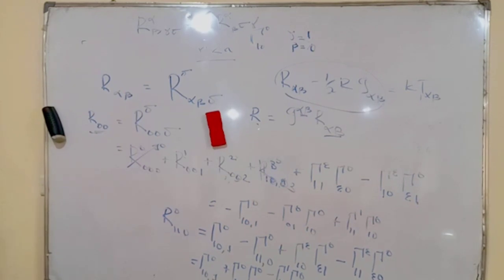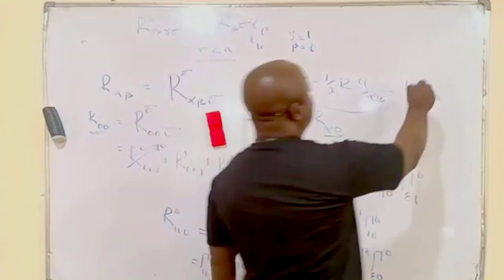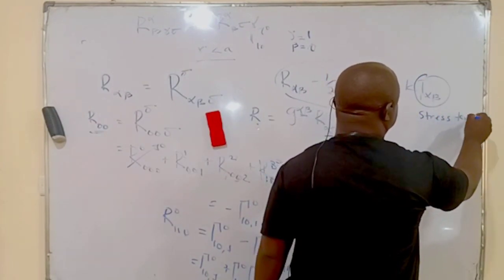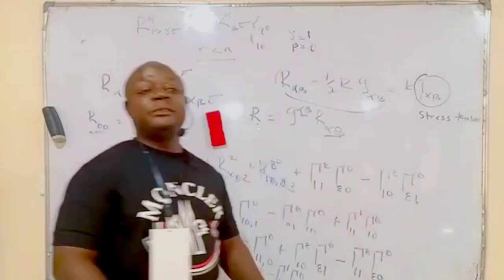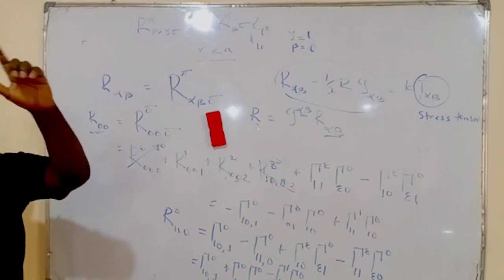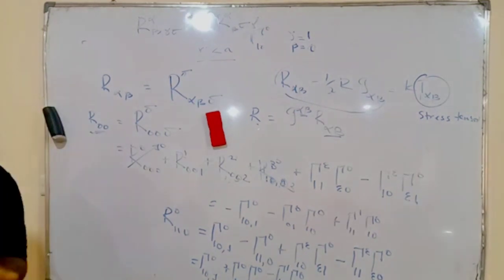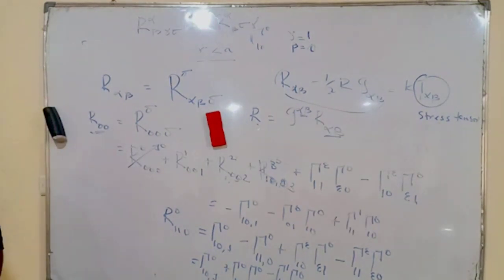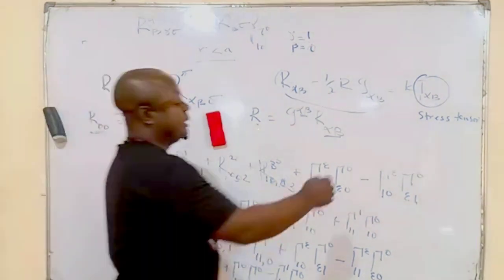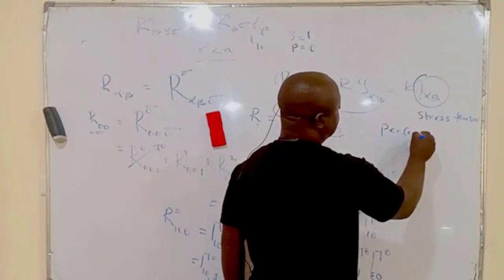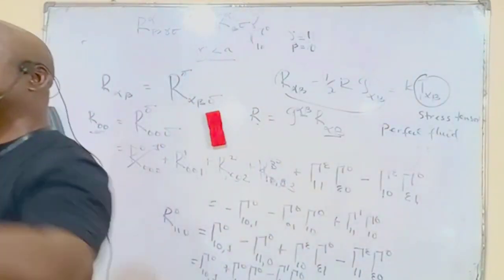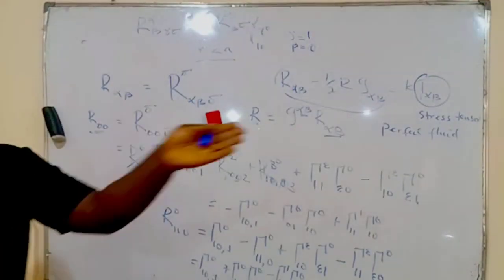So what do we do? There are different types of stress tensor. So you need to assume your mass to be of a certain type, and the easiest type to handle is a perfect fluid. So you assume that what is inside the star or whatever is a perfect fluid.